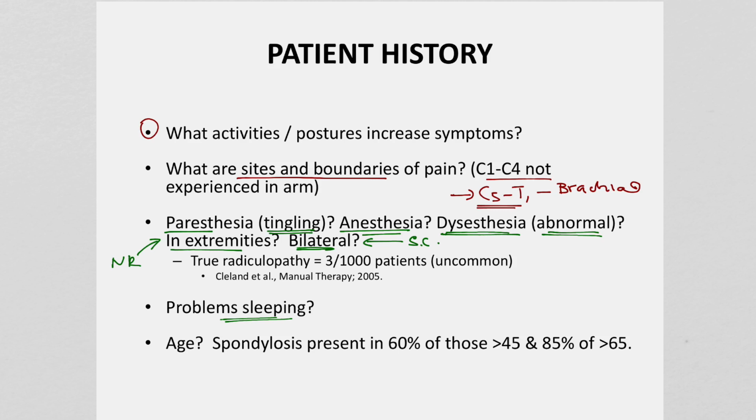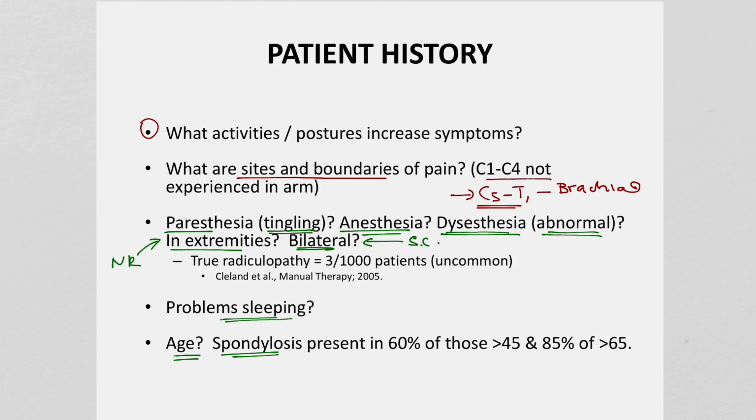And then, we talked a little bit about this, but I want to dive deeper here. Age is a big deal in the cervical spine. What we know about age is that degeneration happens within the body naturally. So as we age, there is wear and tear that occurs to the vertebral column. But in the cervical spine in particular, what we start to see is spondylosis, or degeneration of the actual cervical spine.